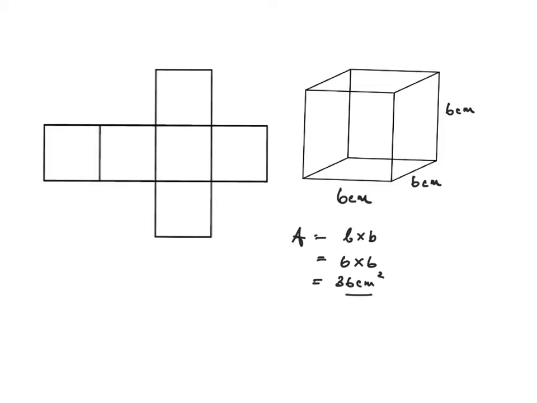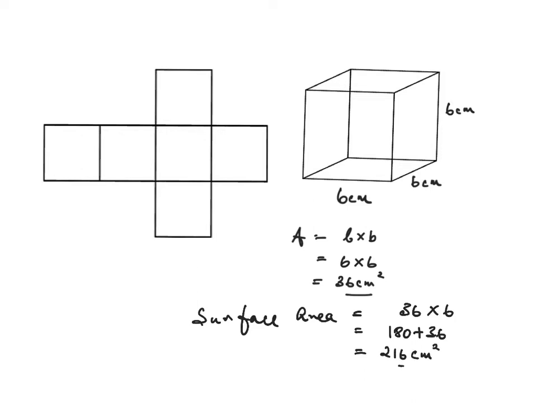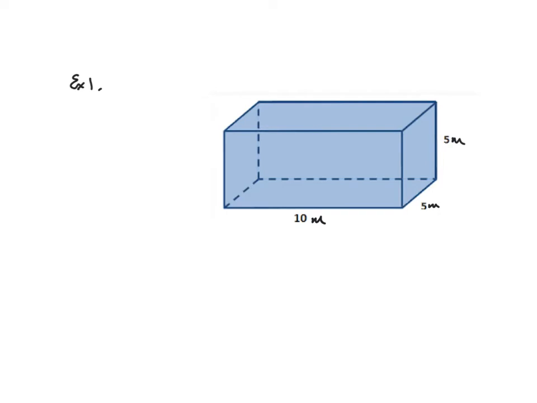And there are 1, 2, 3, 4, 5, 6 faces which have the same area. So the surface area then is 36 times 6. Now that's 180 plus 36, which is 216 centimetres squared.